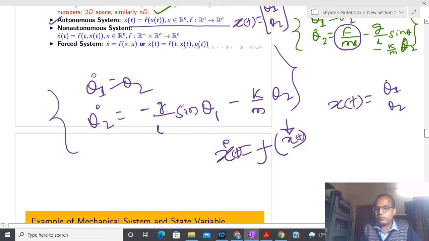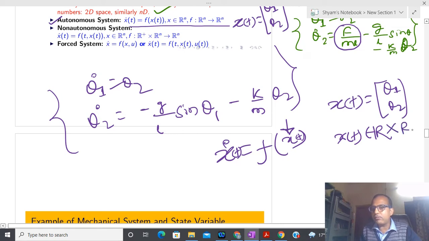x(t) I have identified as theta 1 and theta 2. Now I have to understand where x(t) belongs, so I can write that x(t) belongs to some kind of real numbers. Theta 1 is a real number, and an ordered pair of real numbers I can write as R2. Two ordered real numbers one can write as R2.